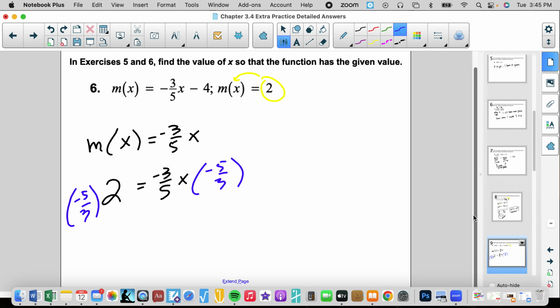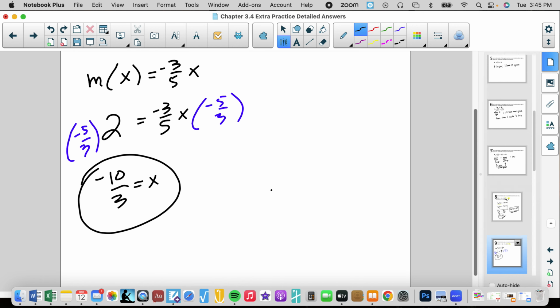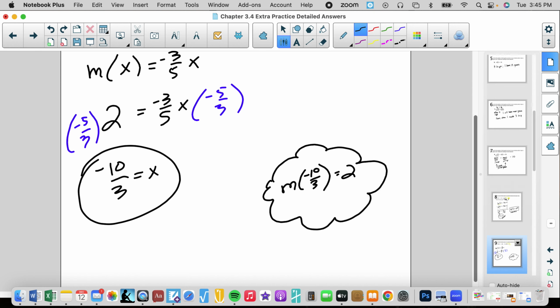We cannot cross cancel here. So we have negative 10/3 equals x. And that's our answer. Also understand that m of negative 10/3 is going to equal 2. Because when we plug negative 10/3 into our x, we get 2.